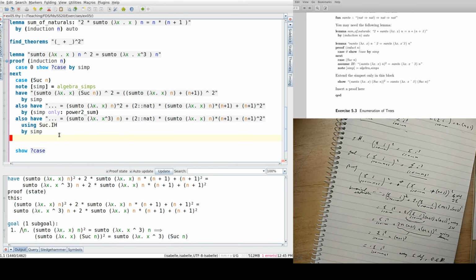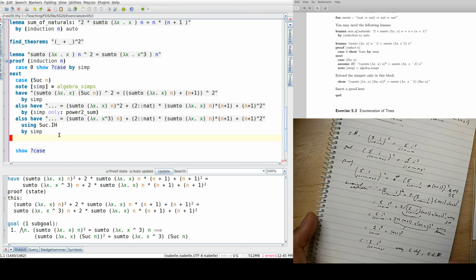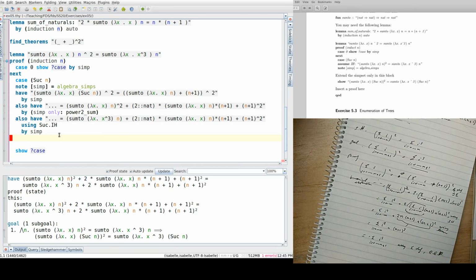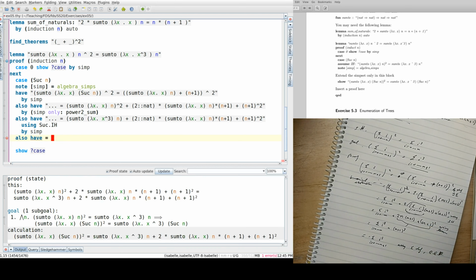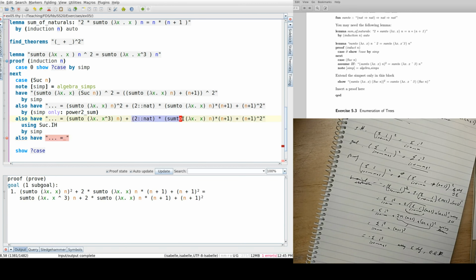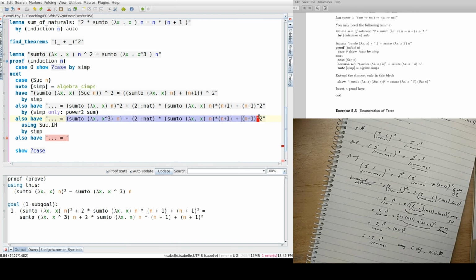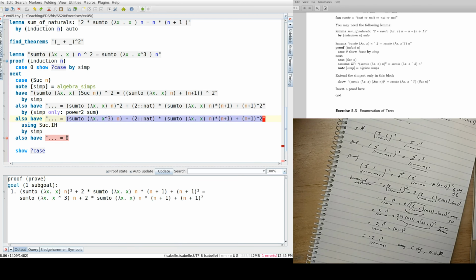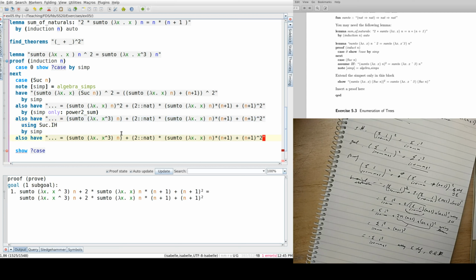Then we need to do the next step, which is to do the rewriting using the lemma. So we say also have, and I'm going to replace that with that. So we'll copy that and then replace it using the lemma.